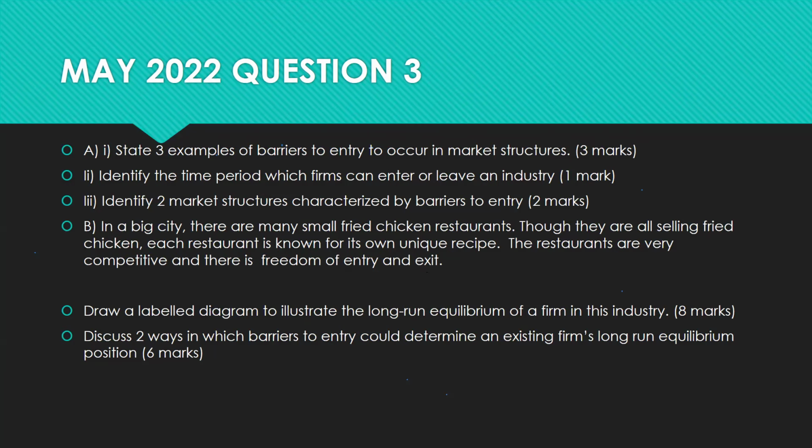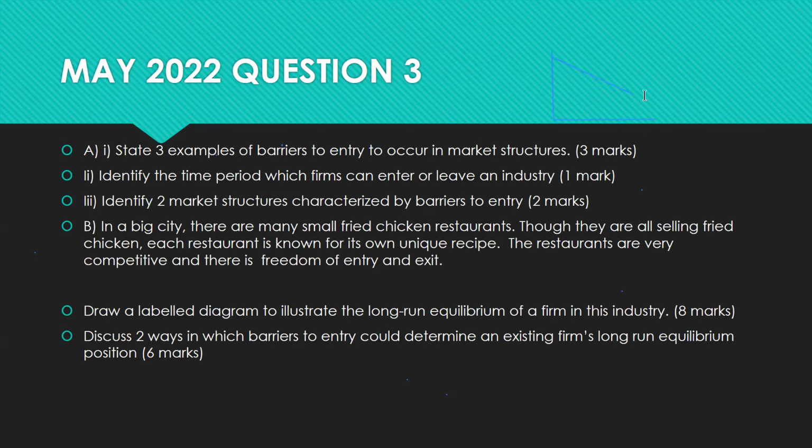And in the long run, monopolistic competition could only make one type of profit. What profit is that? Normal profits. So what we'd have to do is draw the graph to show normal profits for imperfect competition.